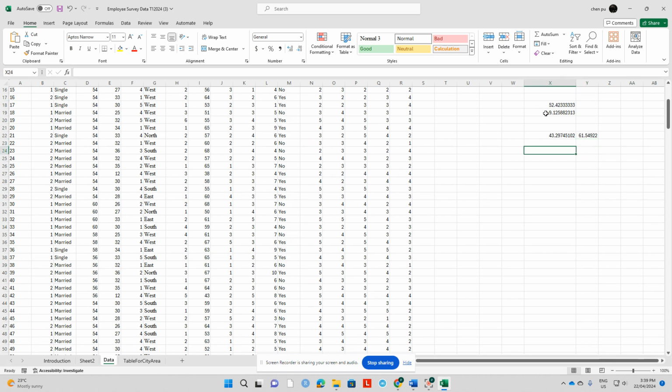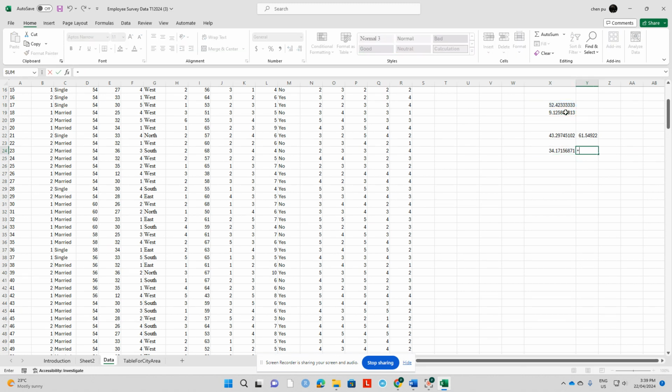The two standard deviation interval will be 52.42 plus 2 times the standard deviation. Oh, here I should use minus 2 times standard deviation.